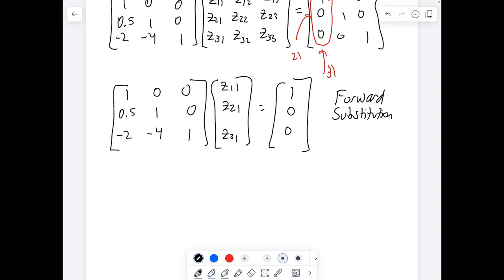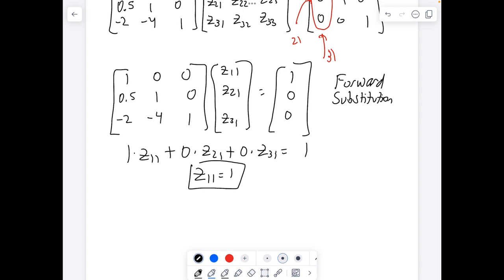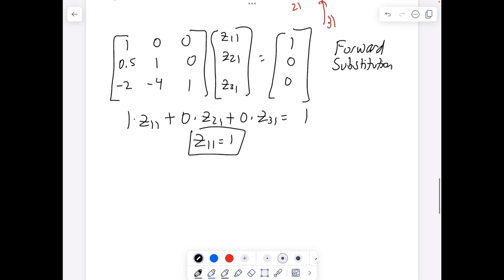And now what we'll do is forward substitution. So the first equation says that 1 times Z11 plus 0 times Z21 plus 0 times Z31 is equal to 1. Therefore, Z11 is equal to 1. So we'll highlight that so we don't forget. Next one says that half of Z11 plus Z21 is equal to 0.